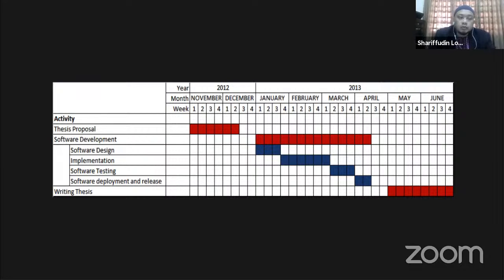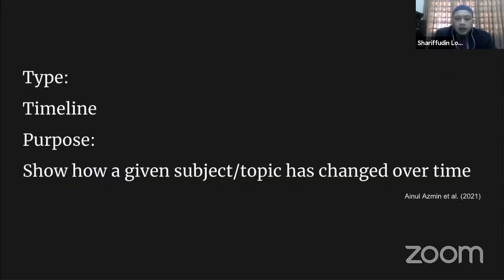So if you put that in a slide where it shows a timeline, then it will make your reference to the events of Malaysian independence much easier. All right. So a timeline is used to show how a topic or subject has changed over time. That is the function of the timeline.